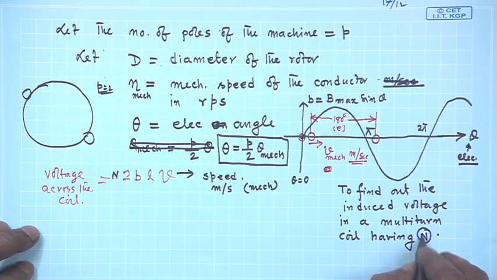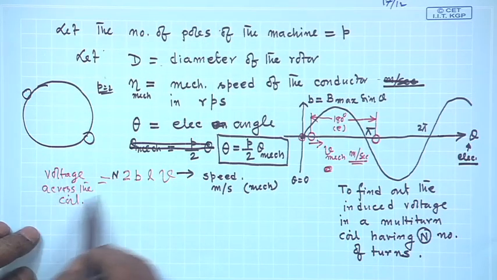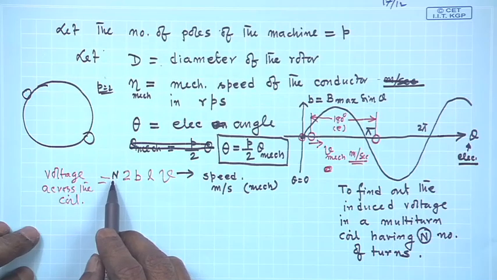You do not confuse it with North Pole. Okay. It is with respect to context, you have to understand. Coil having n number of turns. That is what I would like to do. Therefore, voltage across the coil should be multiplied by the n.